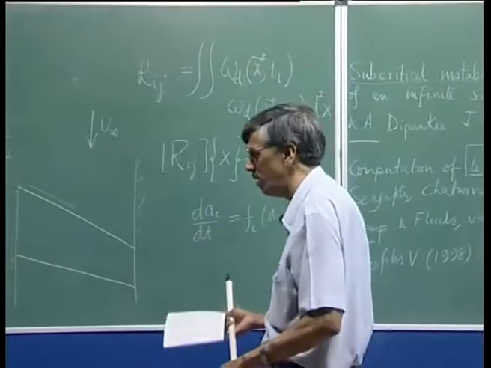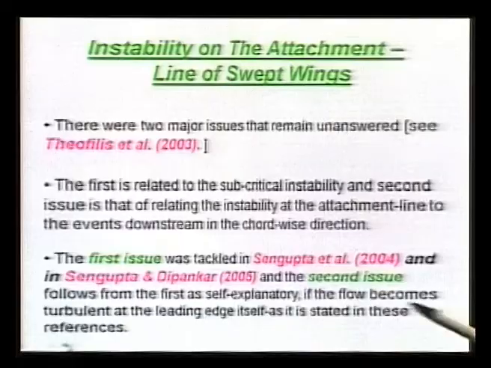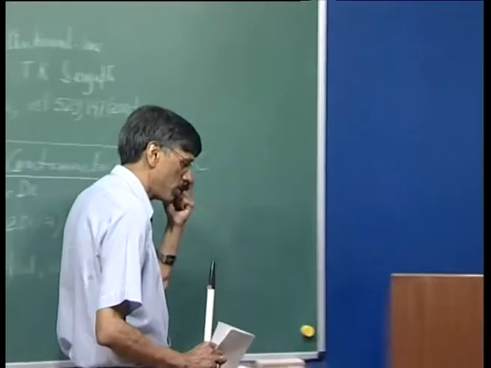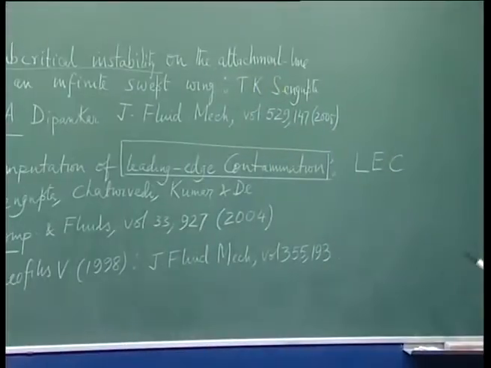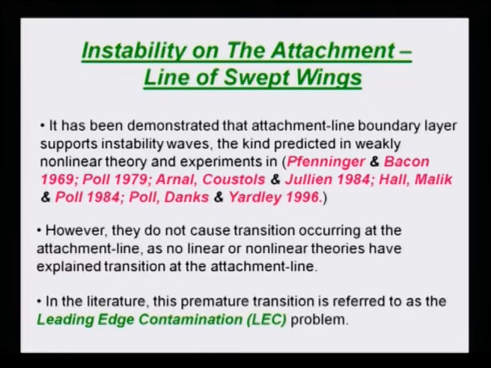So, these are the two issues that one did not know in 2003, and at least the first issue of the primary instability was explored by us in these two papers, and that is what we are going to discuss now.